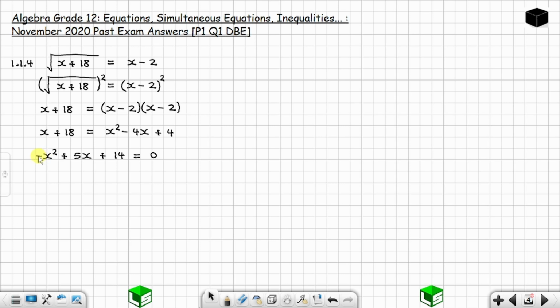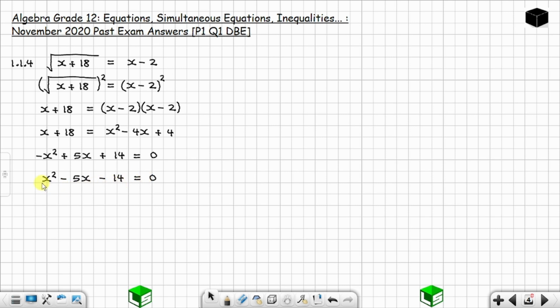So you're going to have x squared, and then this becomes negative 5x, and this becomes negative 14, and this is equal to 0, because 0 times negative 1 is 0. So you multiply by negative 1 throughout, and so you have this. Okay, you carry on.